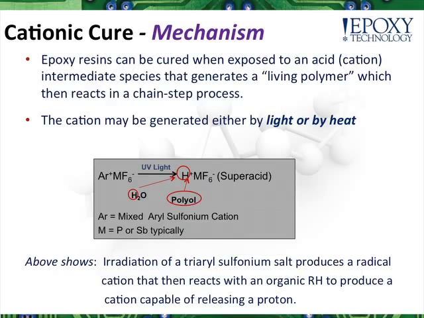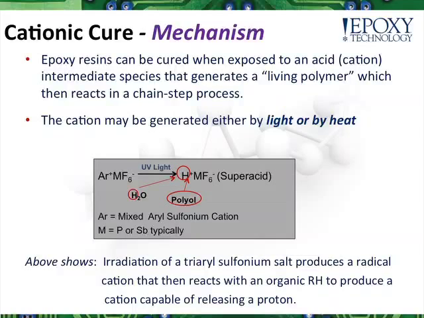Cationic UVs are an epoxy resin that is polymerized with a light-initiated photoinitiator. Cations are generated by light or by heat, typically by light activation or UV activation.